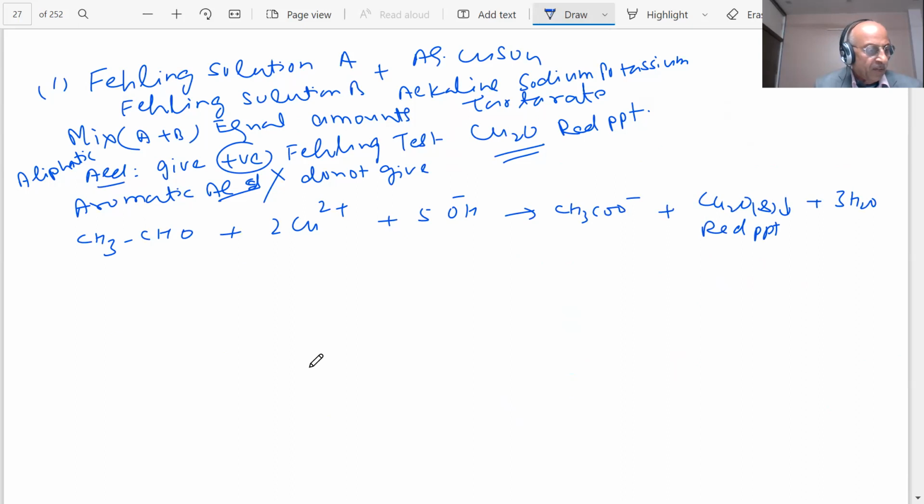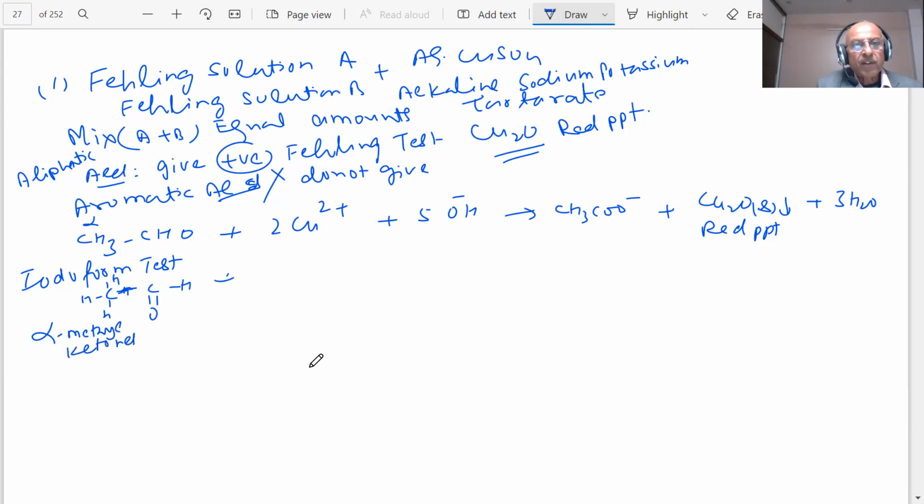And again, if you want to see the iodoform test, what do you do, students? This is an alpha methyl ketone. So you have H, let me write H here, then C=O. So alpha methyl ketones will give this test.